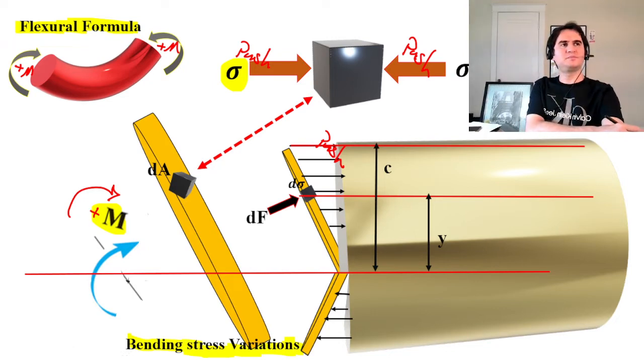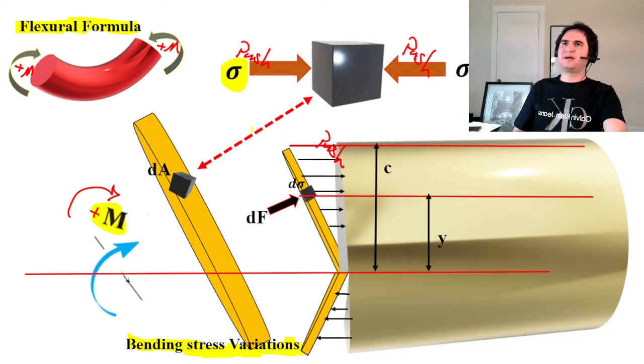If you remember, in the previous video we just stopped at the location of the neutral axis based on the force formula, and we just want to expand our derivation to get the final formula for bending.